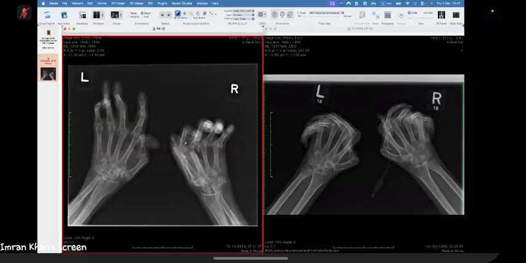So what do you think of this case then? This is the case that we've just reviewed, and this is the case that I've just put up. What do you think of this? This is another case. I found there is dislocation and subarticular sclerosis.